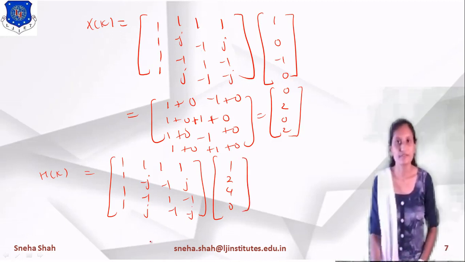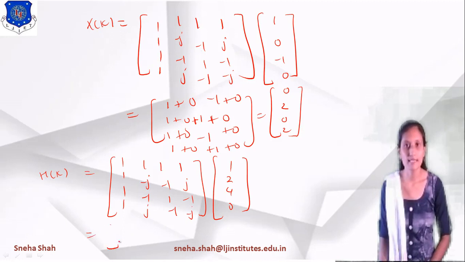So if I am simplifying this, then what will be the answer? 1 plus 2 plus 4 plus 0. 1 minus 2j minus 4 plus 0. 1 minus 2 plus 4 plus 0. And the last term is 1 plus 2j minus 4 plus 0.